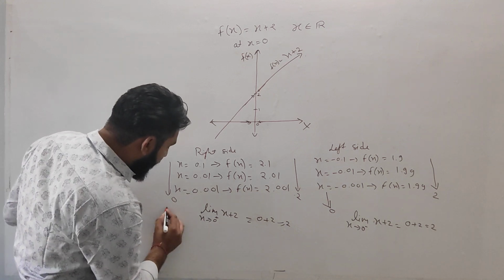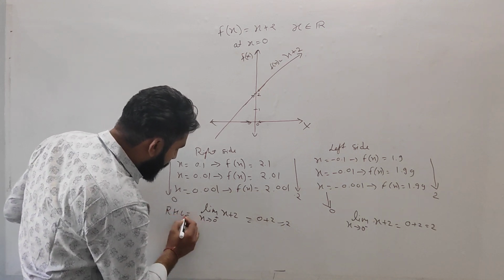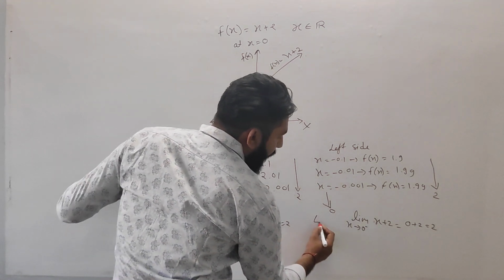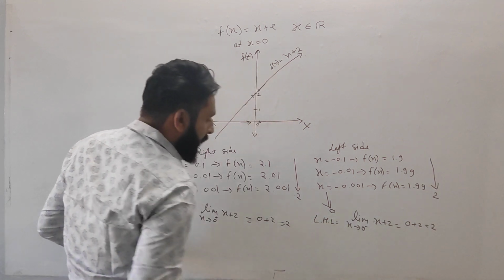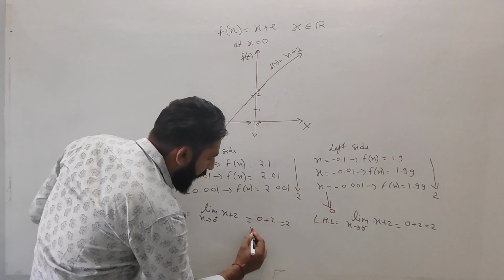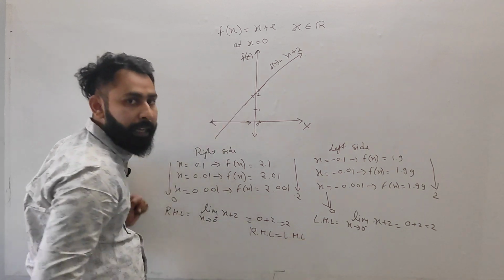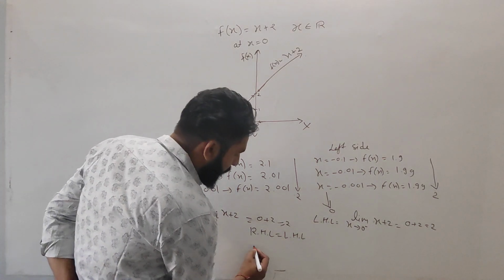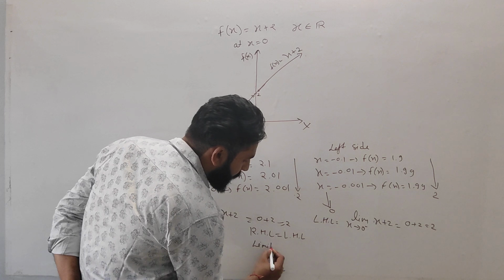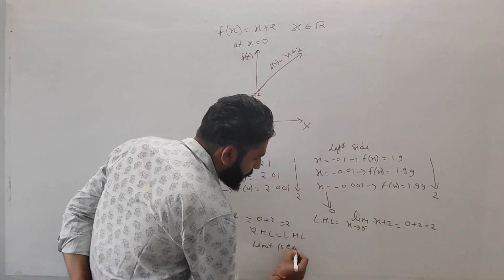This is called the right hand limit, and this is called the left hand limit. In the case RHL equal to LHL, we say the limit exists.